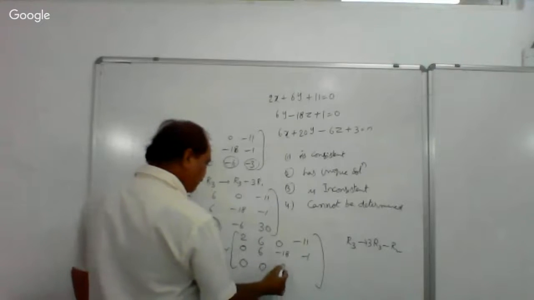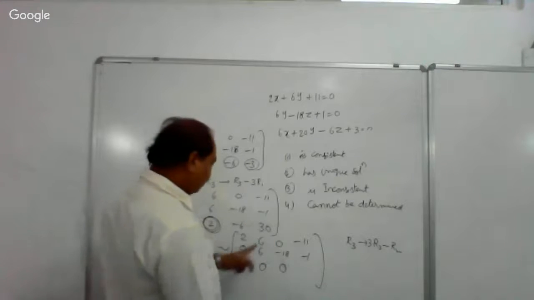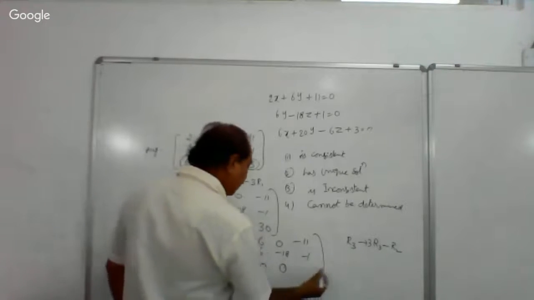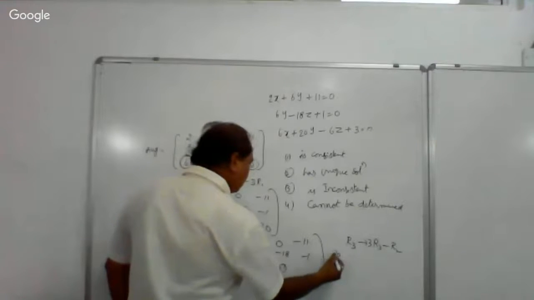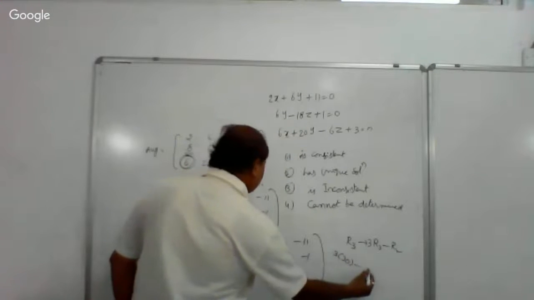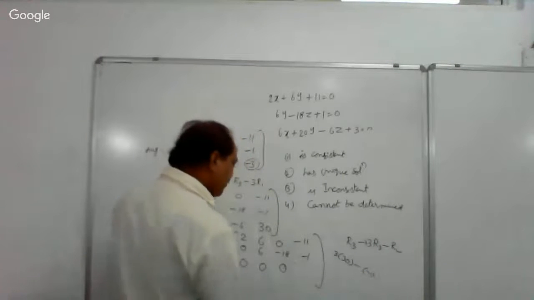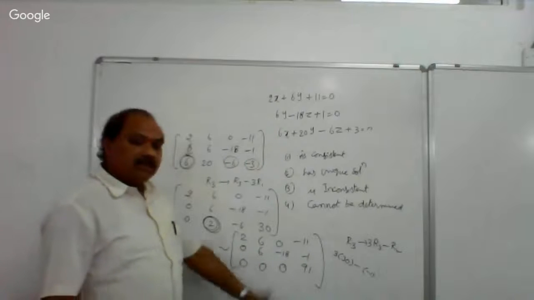Yes, 0. Here 91: 30 minus 1 is 29... okay, the last entry is 91. Okay. Now it is in echelon form.